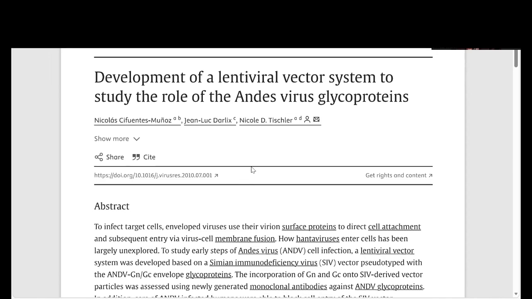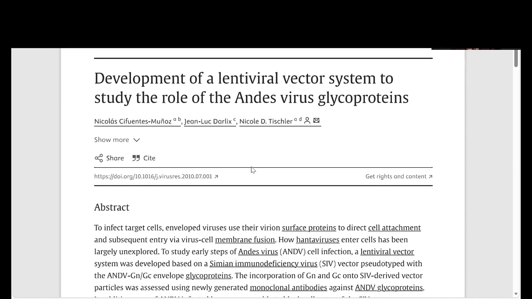Now, they make these vectors on purpose to study some of the characteristics of infections of certain viruses, how they dock to a receptor, how they fuse, how they incorporate into the cell, and also some of the cellular mechanics.